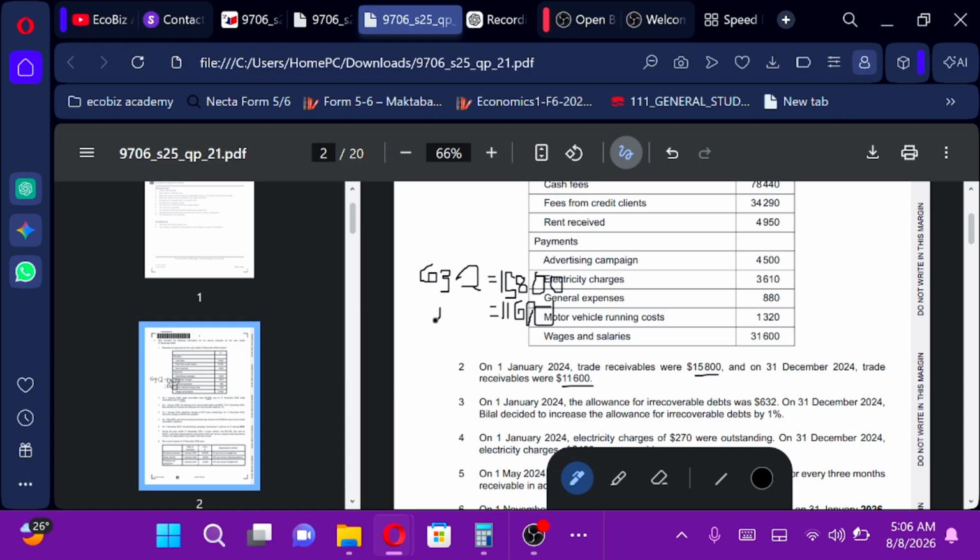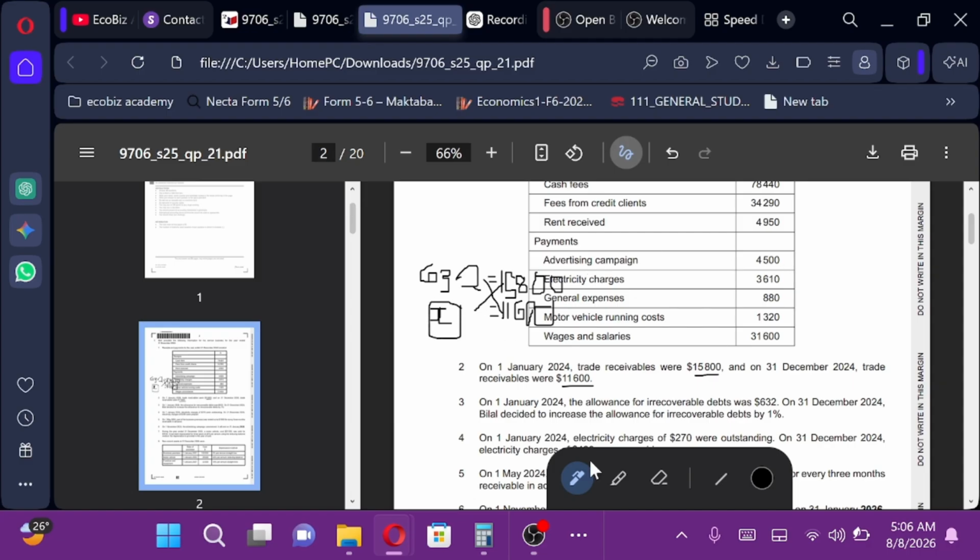So let's name this side X. Now what we'll do, we take 632 multiplied by 11,600 divided by 15,800 to find X, because we're just trying to solve for X, guys.